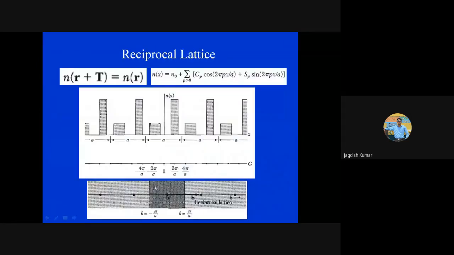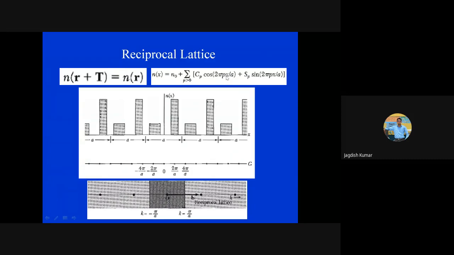In the same way, if the function is repeating after a distance a in real space, then what values of the frequencies of these cosine or sine functions will appear in the Fourier series on the right hand side?